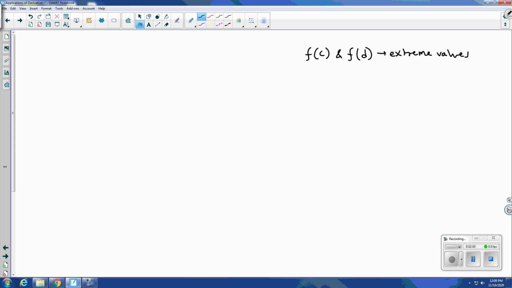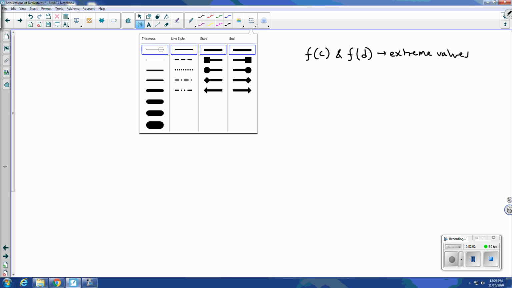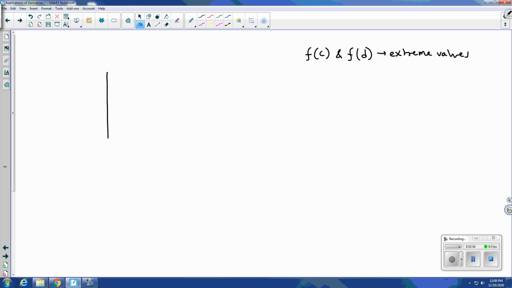The second scenario. Let's say we have some function on the interval from a to b, but there is no horizontal tangent. So we have something like this. We might say, well, as long as the function's continuous along this interval, we know that it has to achieve a maximum or minimum value.